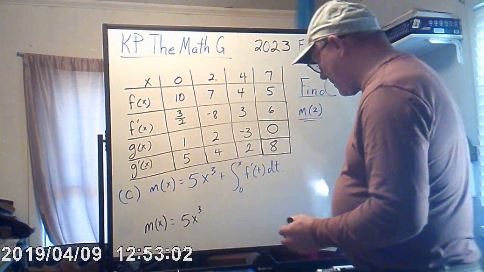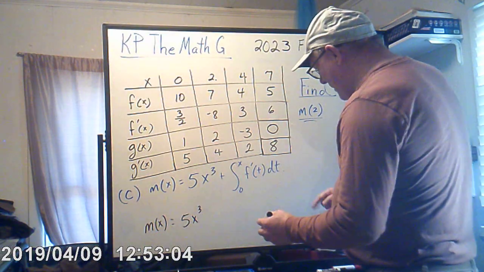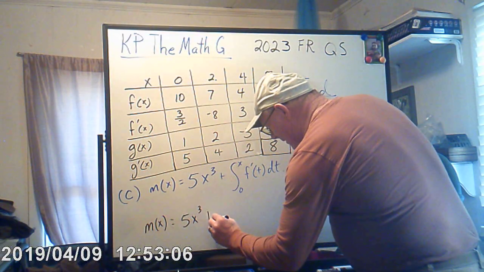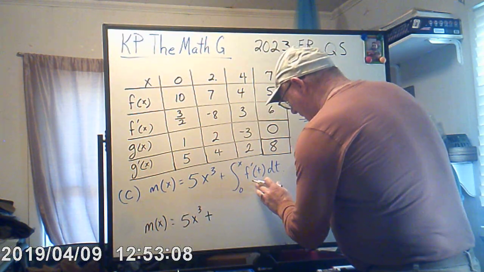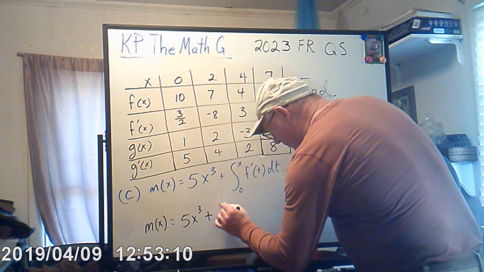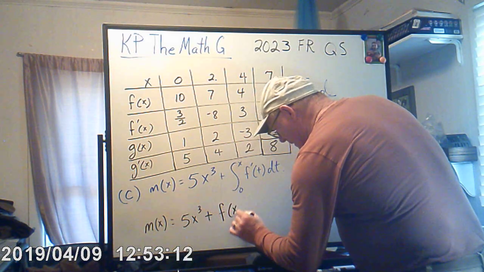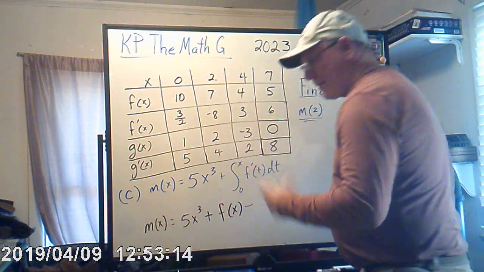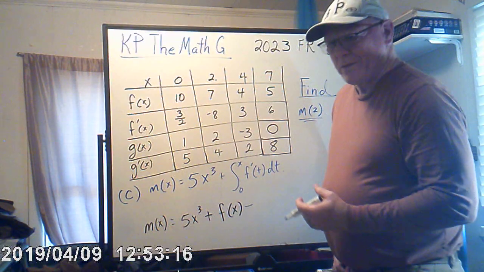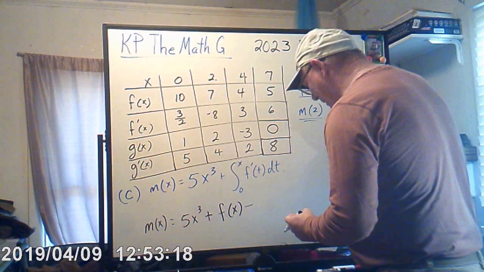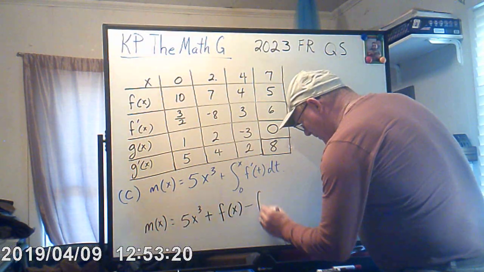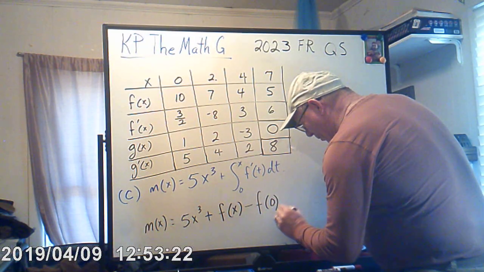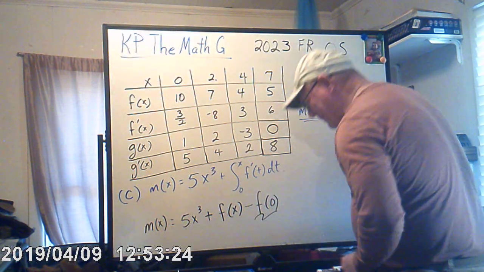But this, what's all this? Well, it is just plain f at x minus, the fundamental theorem of calculus, right? I think that's right. Minus f at 0. Don't leave off this one.